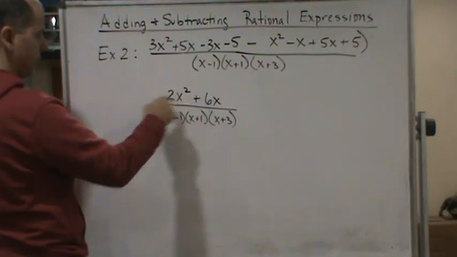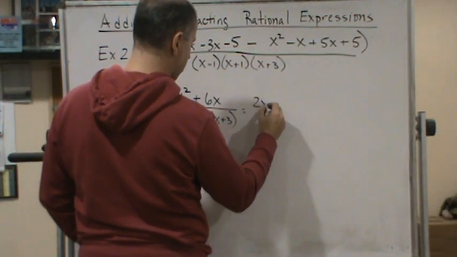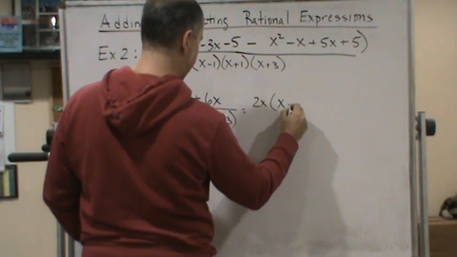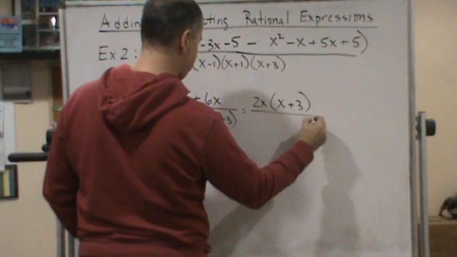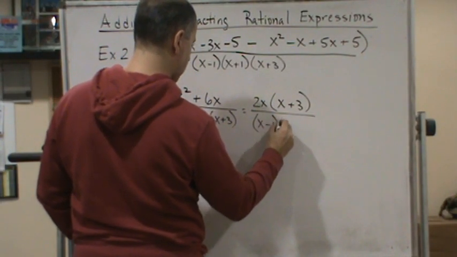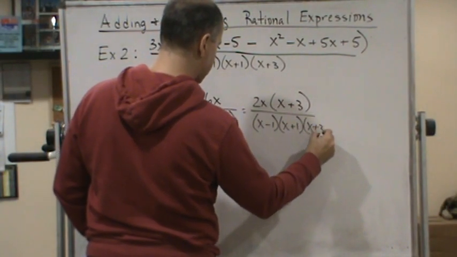Now I can factor this further because I can take a 2x out. So that's going to be 2x times x plus 3. And I get x minus 1, x plus 1, x plus 3.